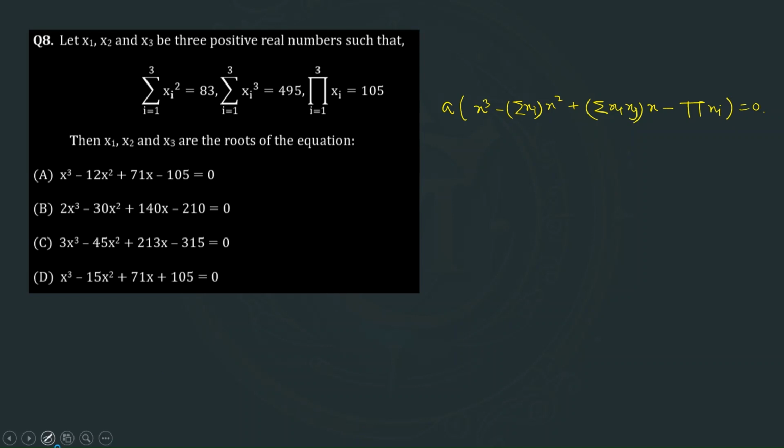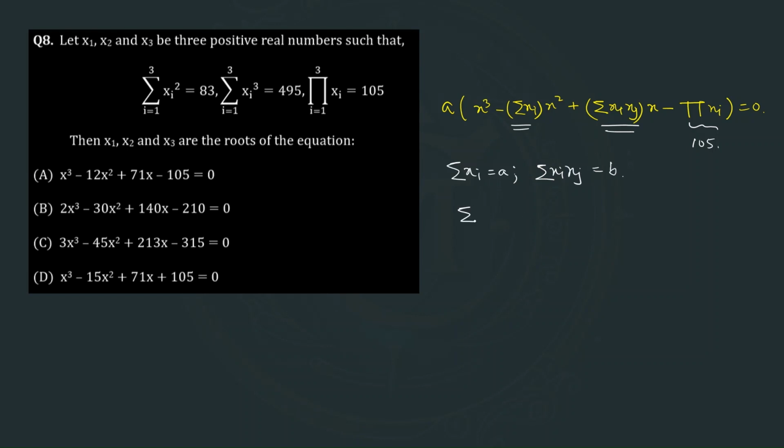So we already know the value of the product of xi, which is 105. So we need to determine these two unknowns. How can we determine this? By using the information given. So let us call this summation xi equal to a and summation xixj equal to b.